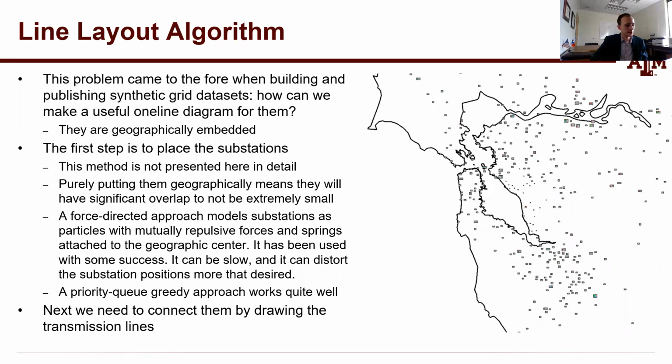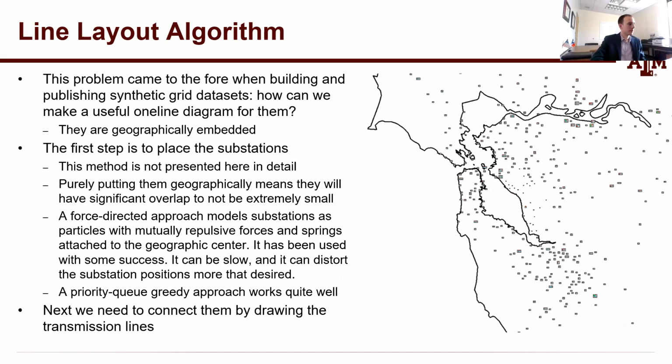A lot of diagrams, they just put them at the geographic location without any modification at all. But it turns out if you just do that, some of them are so close together, and depending on how big you want to make the substations, they can be pretty close together to the point that they're overlapping and can kind of be too crowded and hard to see.